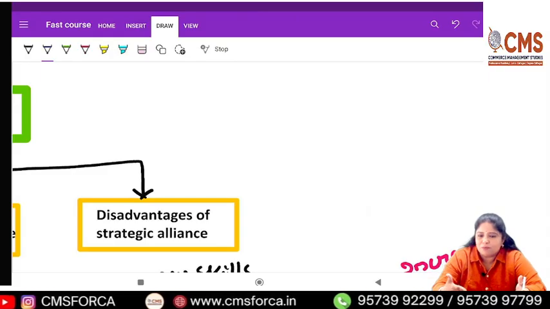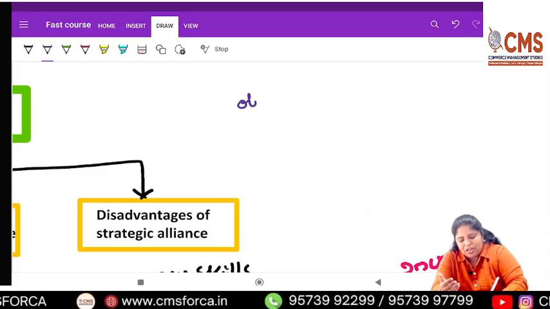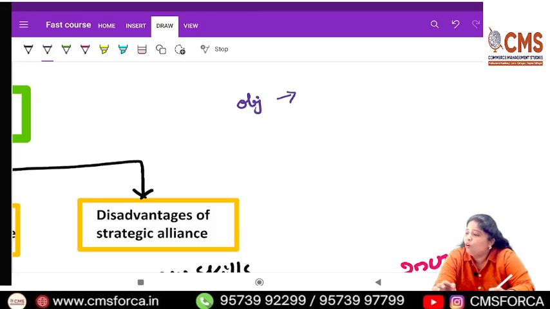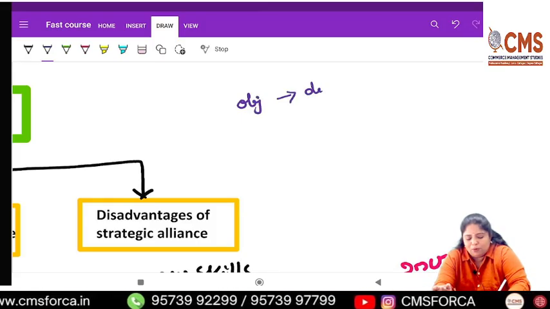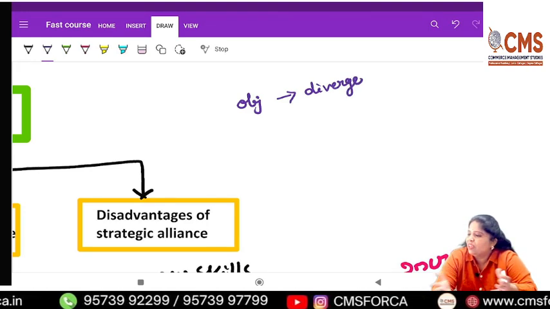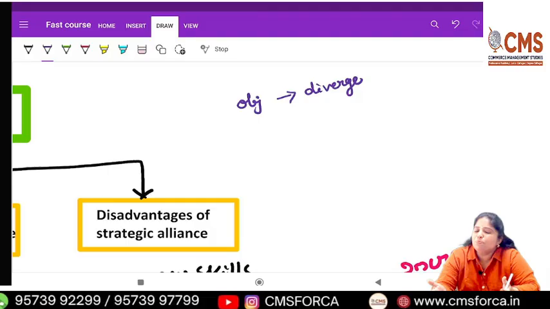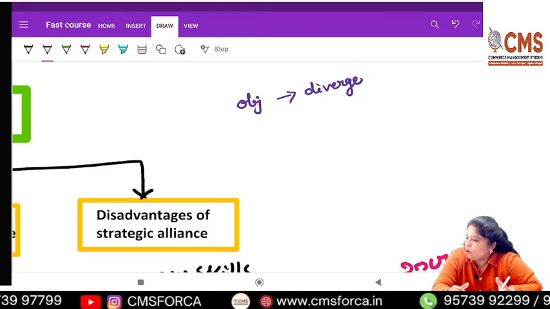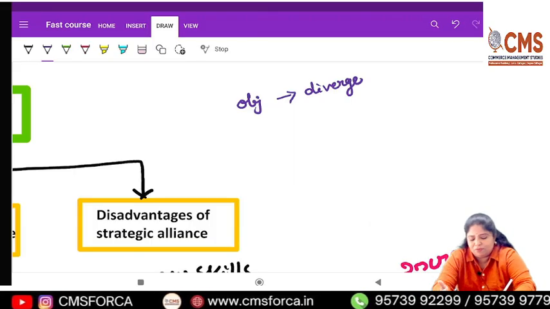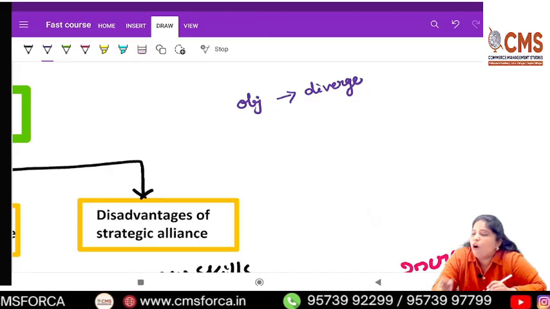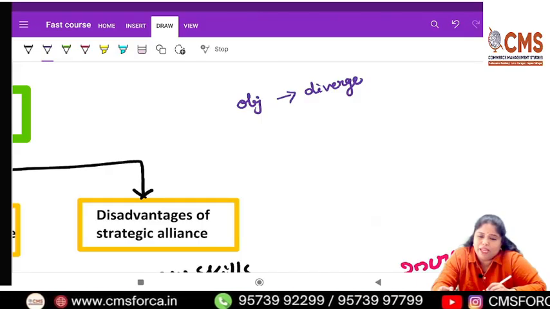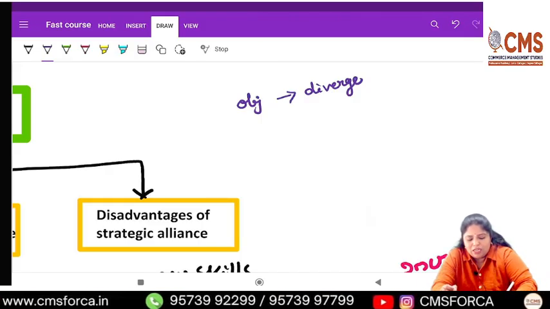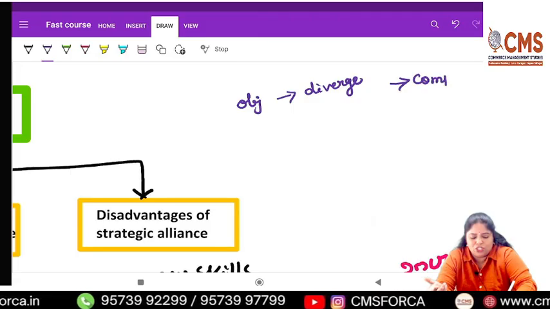But the day your objectives are no longer on the same line, suppose your objectives diverge. An alliance is basically between entities having similar purpose and similar objectives, but the day your objectives diverge, the cause of the strategic alliance will be lost.